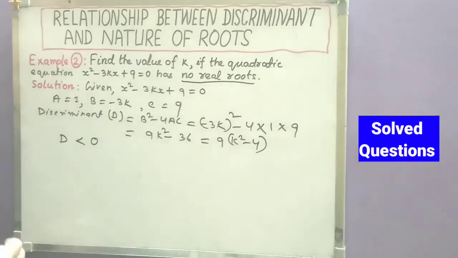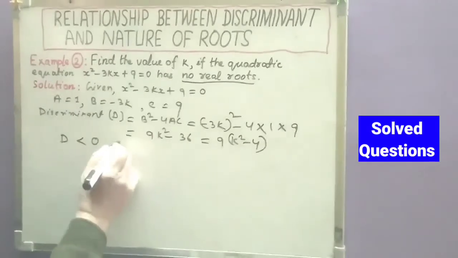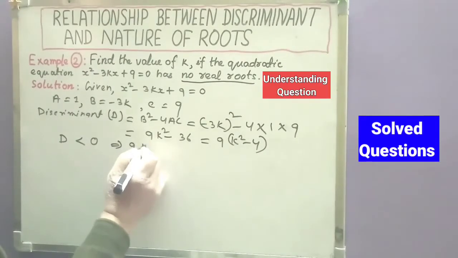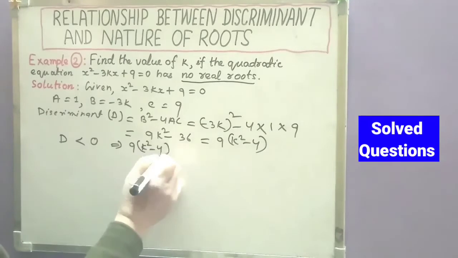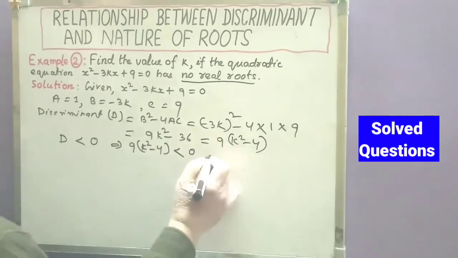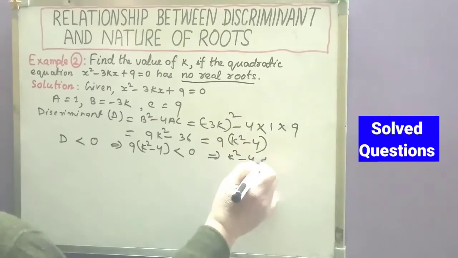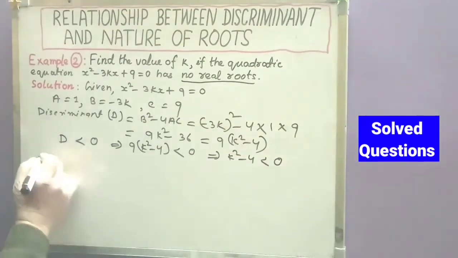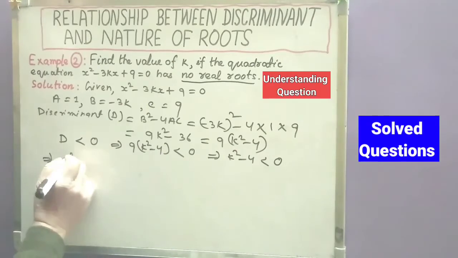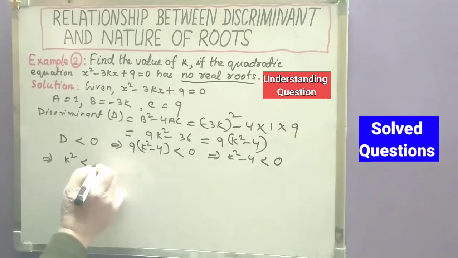Since the equation has no real roots, we have d is less than 0. That implies that 9 whole into k square minus 4 is less than 0. That implies that k square minus 4 is less than 0. That implies that k square is less than 4.